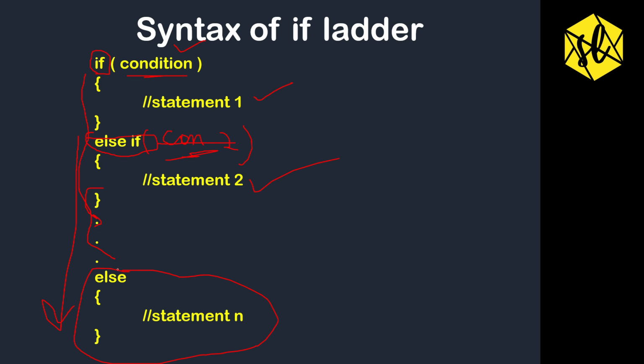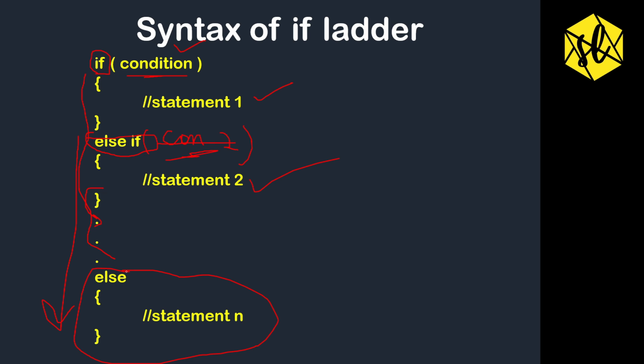Now let us repeat. So basically, what is this if else ladder? An if else ladder is just an if else, but with many conditions. We use the if else ladder many times, and we visualize it like this.